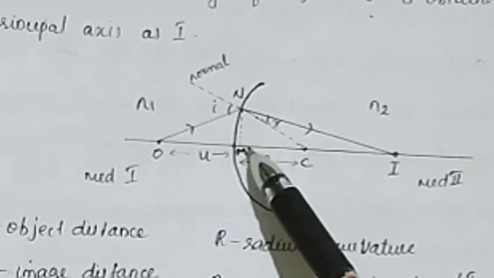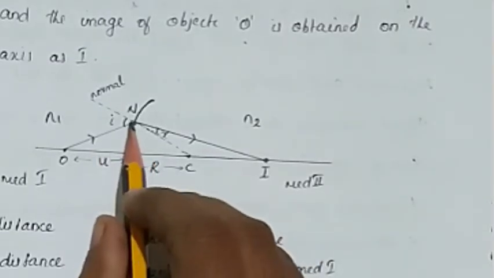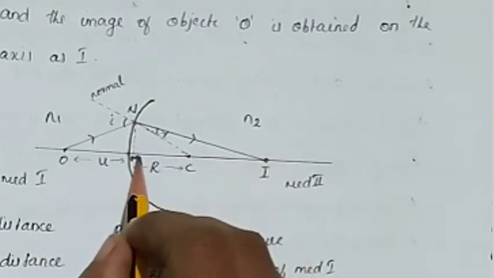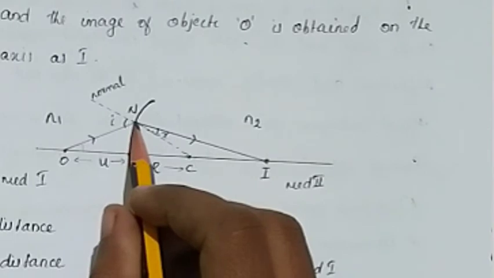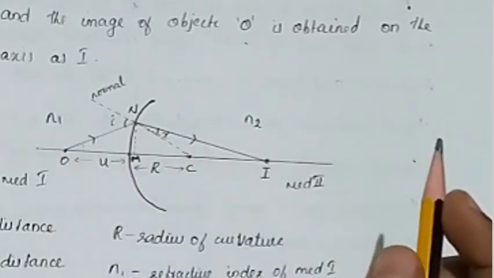Using these two right angled triangles, that is triangle NOM and triangle NCM, we are going to find the angles NOC and NCO.